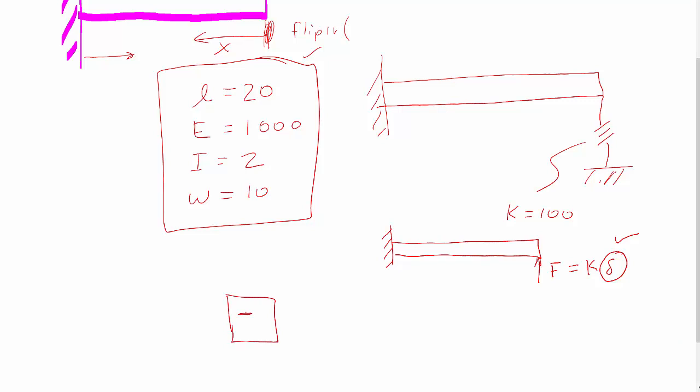I'll have one line in that code that's associated with this load. I'll run the code, get the end point deflection, go back, multiply it times K, and put it there.